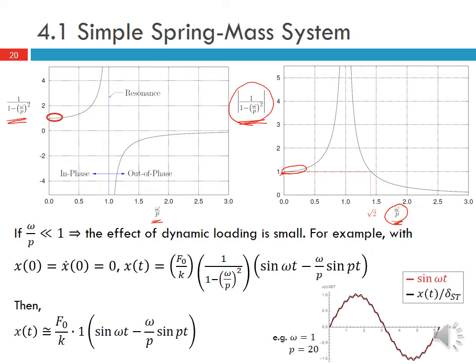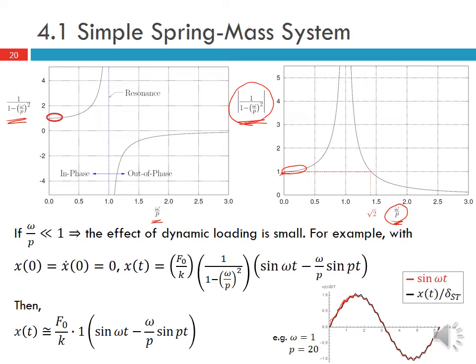We can plot this here in this figure. The red line is sine omega t, so the forcing function, and the black line is X over delta static, so the total response of the system. You can see that there's not a lot of effect beyond the applied load, or the applied force, due to the dynamic magnification.